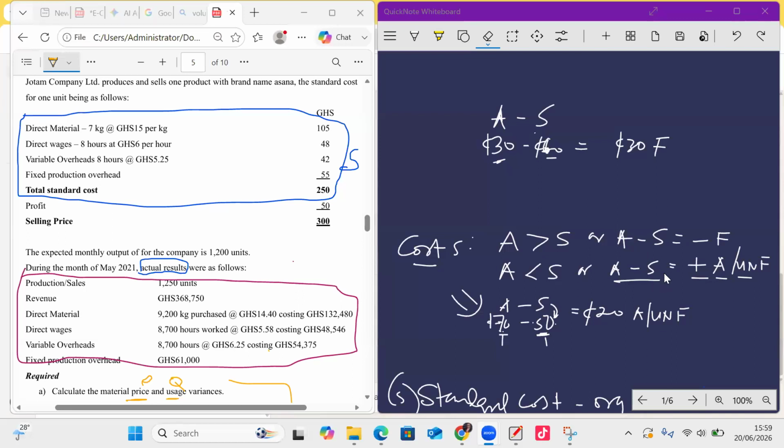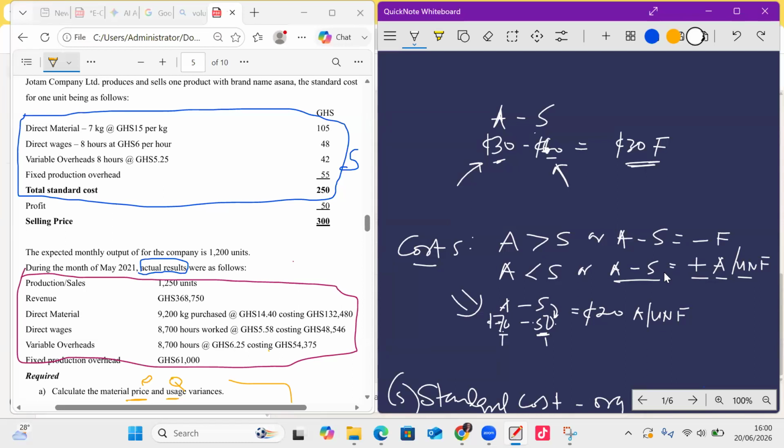So we are saying that the actual is 30 and the standard is 60 in terms of costs. If you estimated your cost to be 60, you went to the market and you realized that it is 30 cedis, you saved money. So it is favorable for the business that the market price is lower than the standard price, which they set. As I said, the standard price is the price set by the organization.